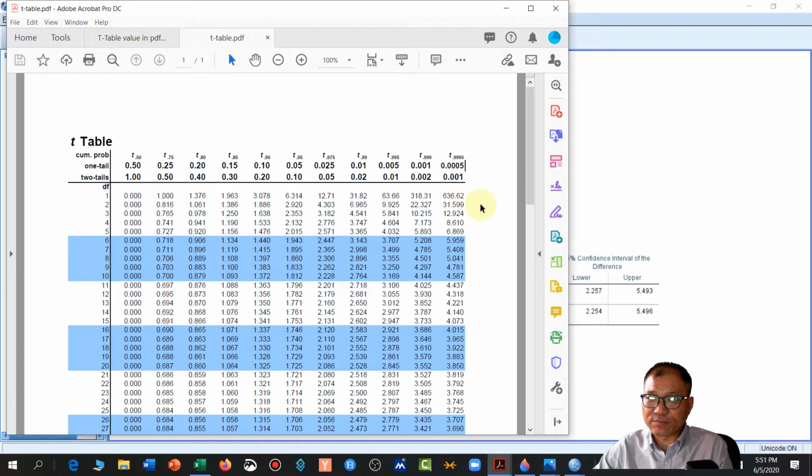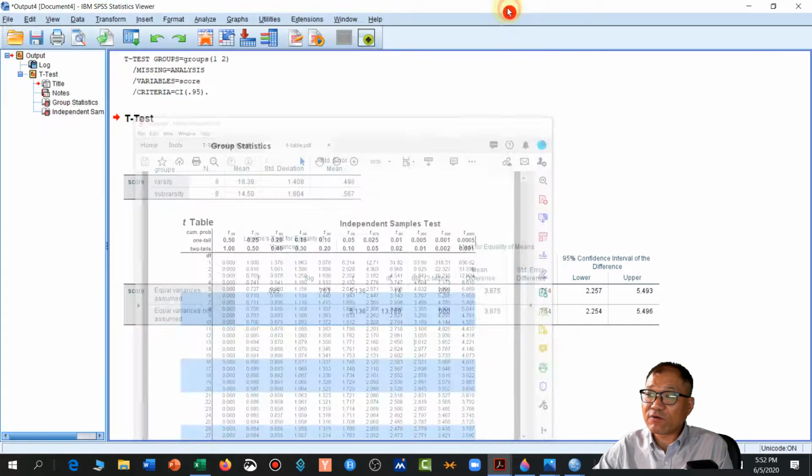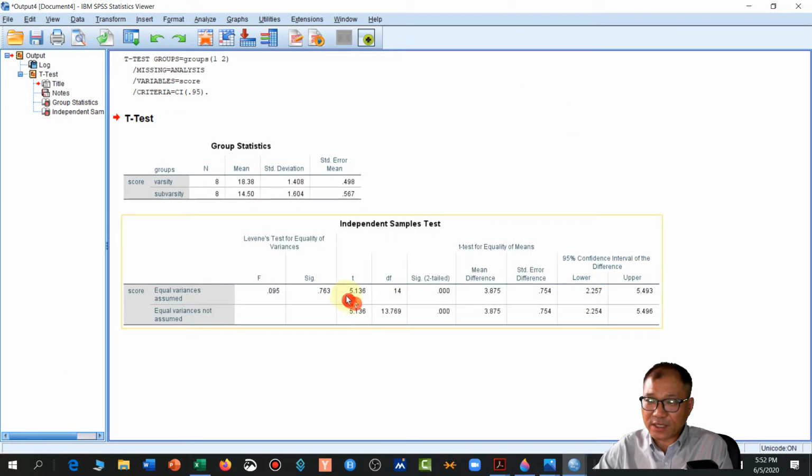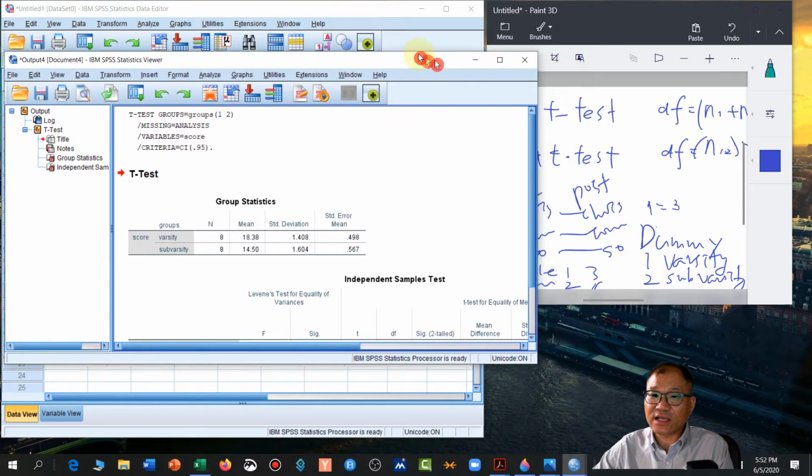What about the 0.001 level? Right here, 4.14.